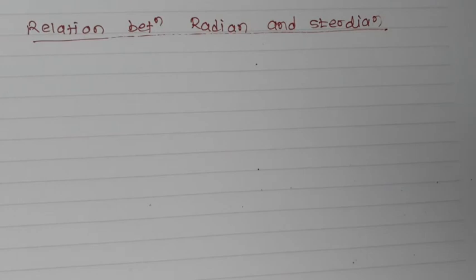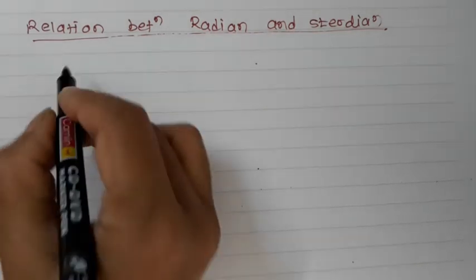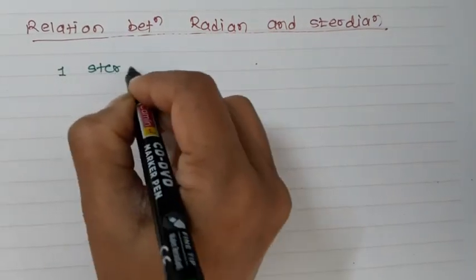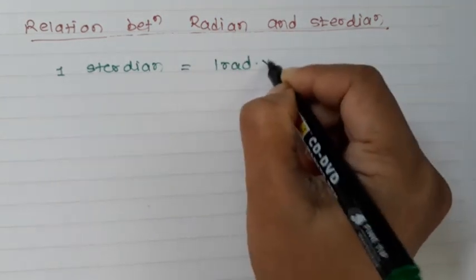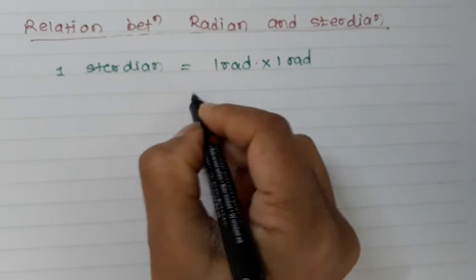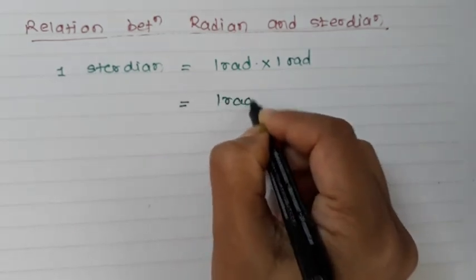I know that radian is the plane angle and steradian is the solid angle. So I can say that 1 steradian is equal to 1 radian into 1 radian, which is 1 radian square.